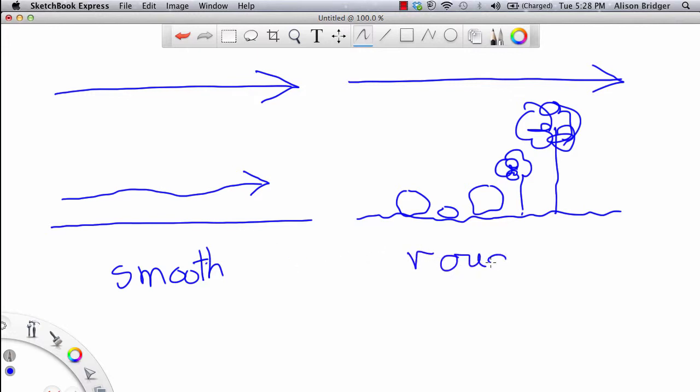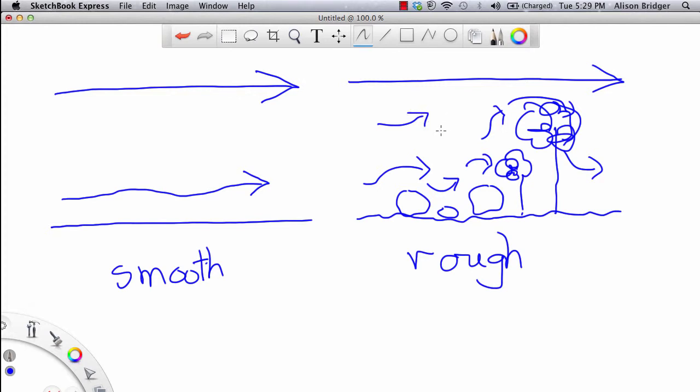In this other case, where you have a rough surface, I think it's easy to imagine that the low level winds are very turbulent, for example, and there's a lot of distortion of the winds by the roughness, not just near the ground but even higher up. So that's going to have an impact on how windy it is downstream of here.